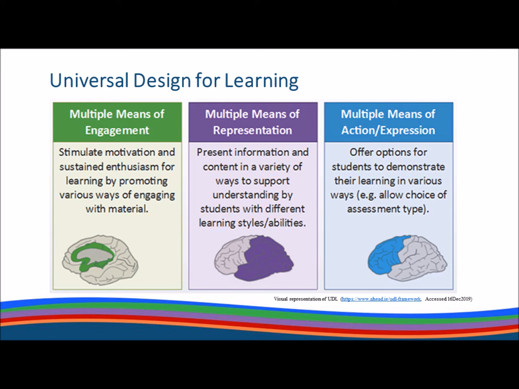For example, pairing verbal instruction with consistent visual supports. UDL focuses on providing multiple means of action and expression. For example, expression can be through not only writing, but also through text, such as text messages, through blogs, through dance, also through artwork, through multimedia presentations.